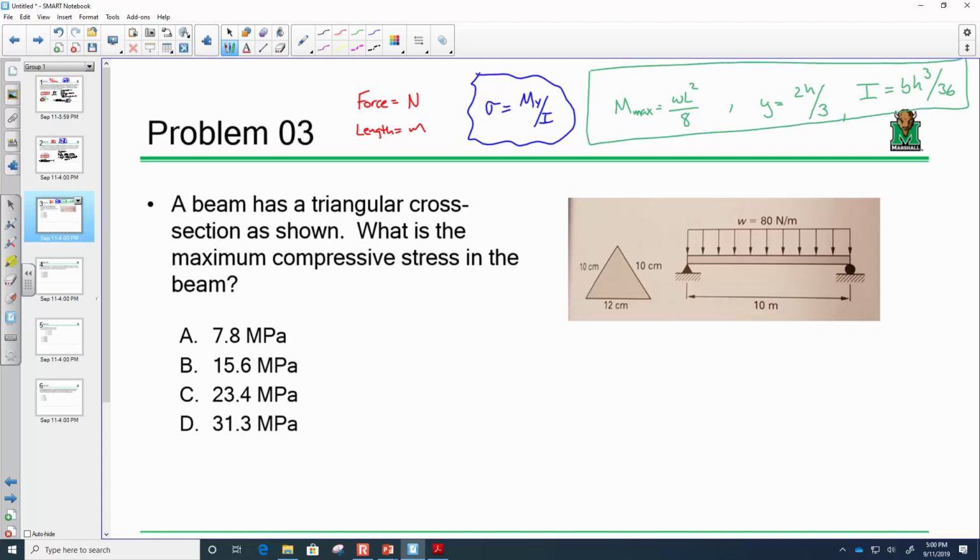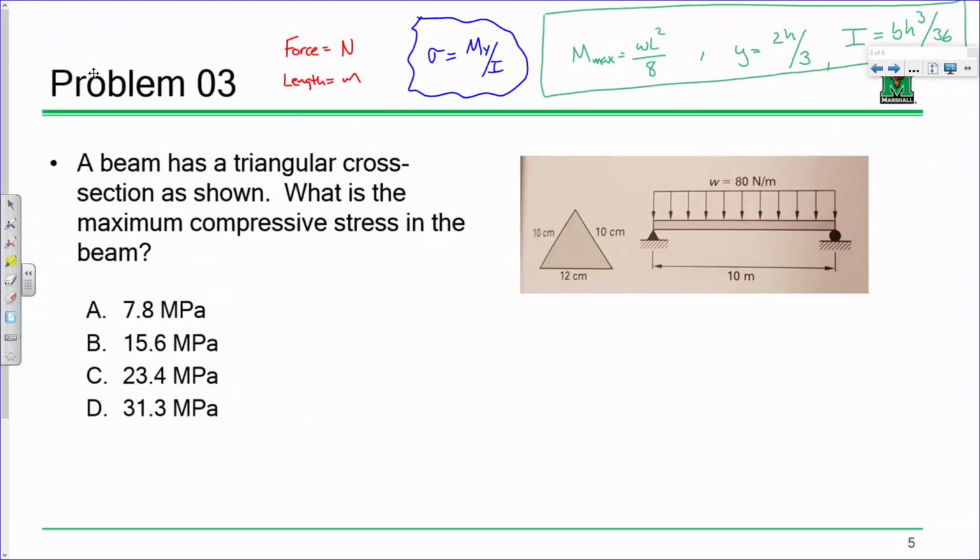So we've got everything we need to chug out this problem. Everything's right there. Sigma equals My/I, and that's how we're computing each of those terms. Pretty simple. So I'm just going to start plugging and chugging, because at this point it should be pretty boring. W is 80 newtons per meter. L is 10 meters.